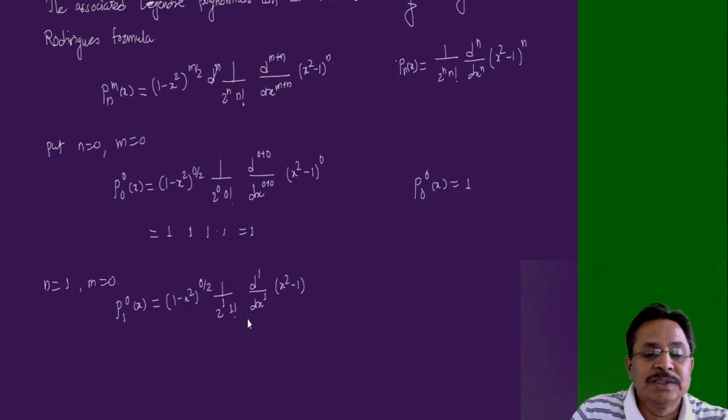Now the first factor is raised to 0, so this product is simply 1. Then 1 upon 2 raised to 1 is 1 upon 2, and 1 factorial is again 1, so we need not go through this calculation in detail.